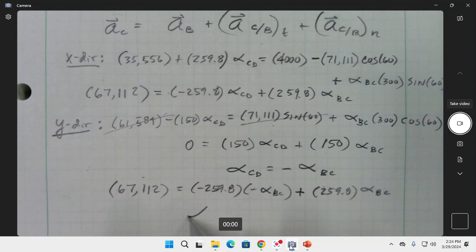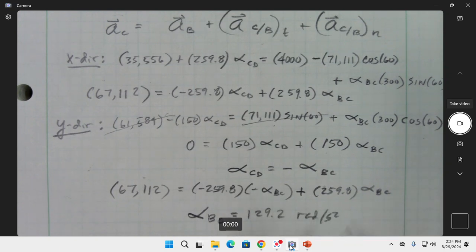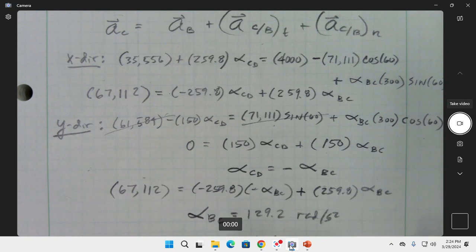And we're going to get alpha BC. It's going to be a positive 129.2 radians per second squared. And therefore, alpha CD should be equal to negative 129.2 radians per second squared.